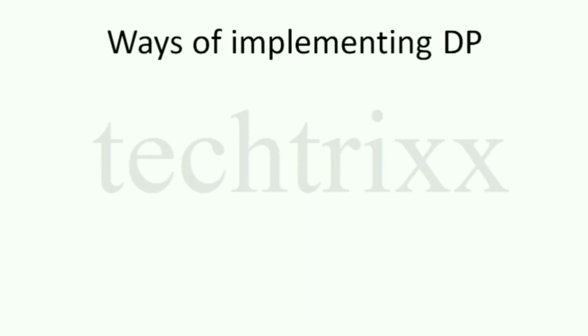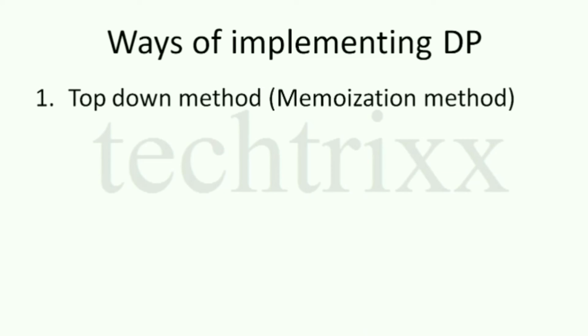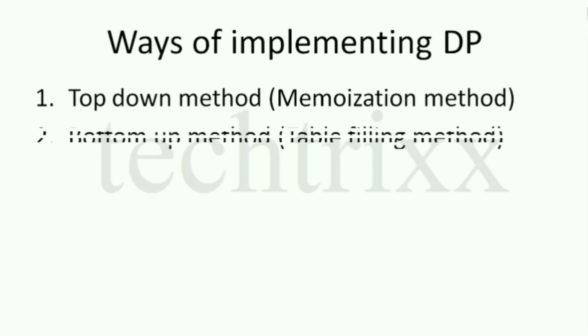So dynamic programming is the way to enhance or optimize our solution. There are two ways in which we can implement dynamic programming. The first approach is the top-down method, also called the memoization method, and the second approach is the bottom-up method, also called the table filling method or tabulation.